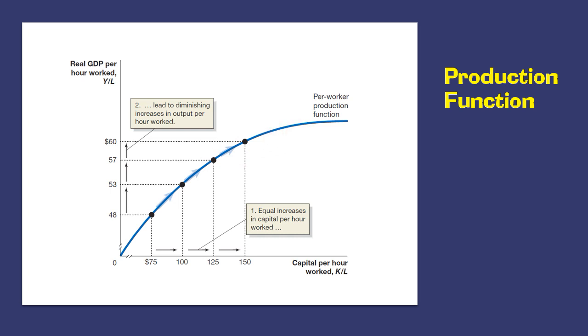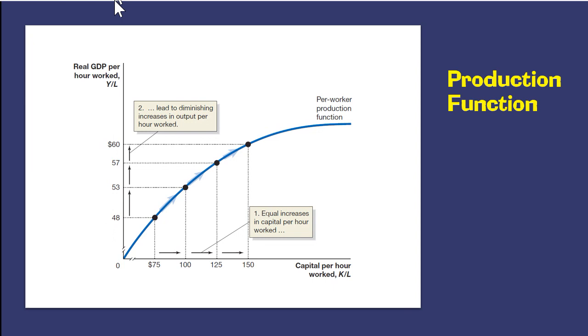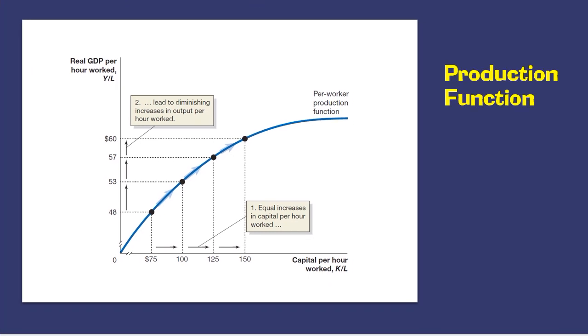But remember shovels and people. As we add capital, and we're holding the amount of labor we have constant, that capital makes us better off and better off and better off, but better off at a slower and slower rate.